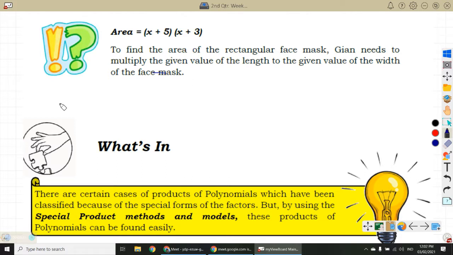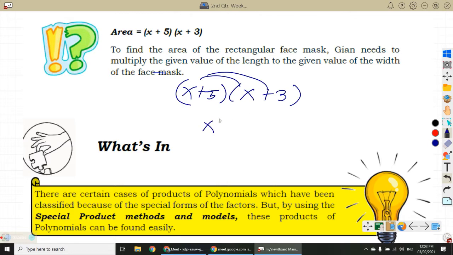To solve this, just a review, kung paano natin ginagawa ang ating multiplication before. We have x plus 5 times x plus 3. We have the horizontal method. So, x times x is x squared.